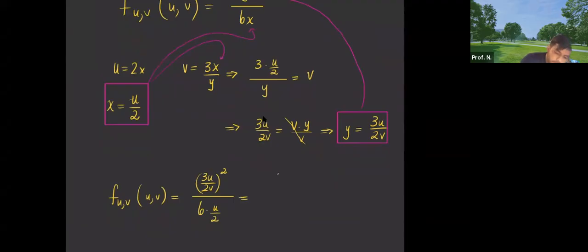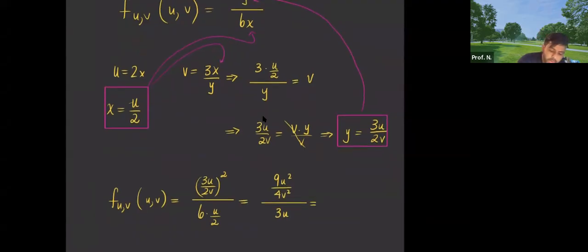And so this becomes 9u squared over 4v squared divided by 3u. And so then this becomes 9u squared over 4v squared multiplied by 1 over 3u.